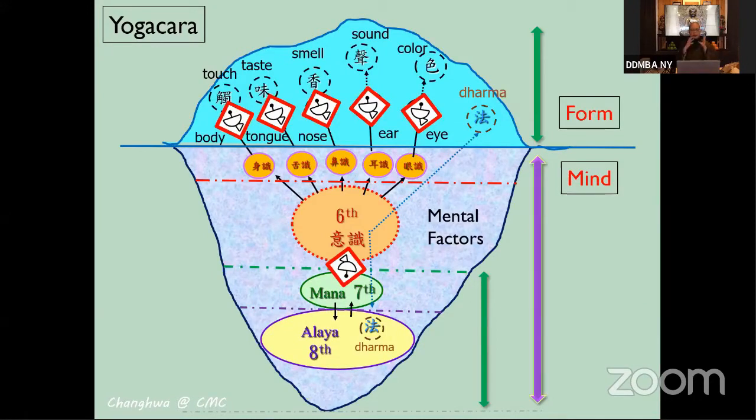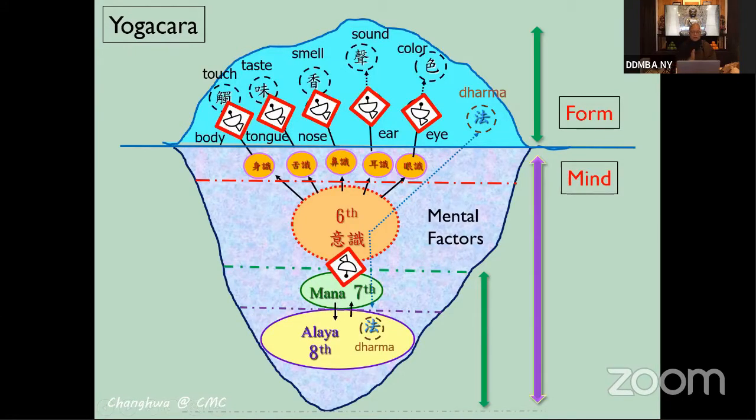We have this body as a detector that helps our mind receive information from the objects, which is then further processed by the 6th consciousness through the channel of the 7th consciousness to get the data from the 8th consciousness, in order for us to make discriminations or perceptions that make us know what we are really perceiving. So the 5 organs are the detectors.